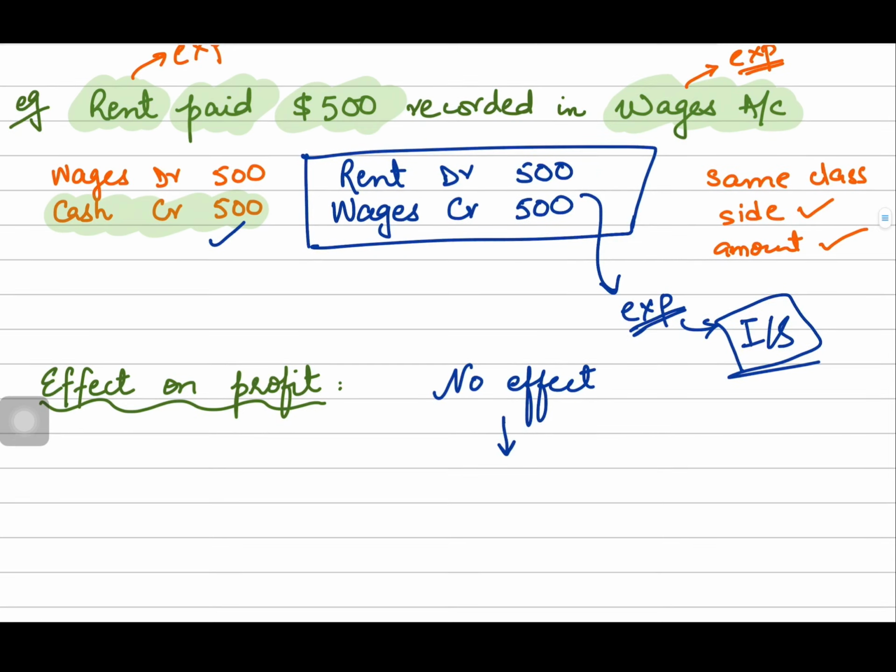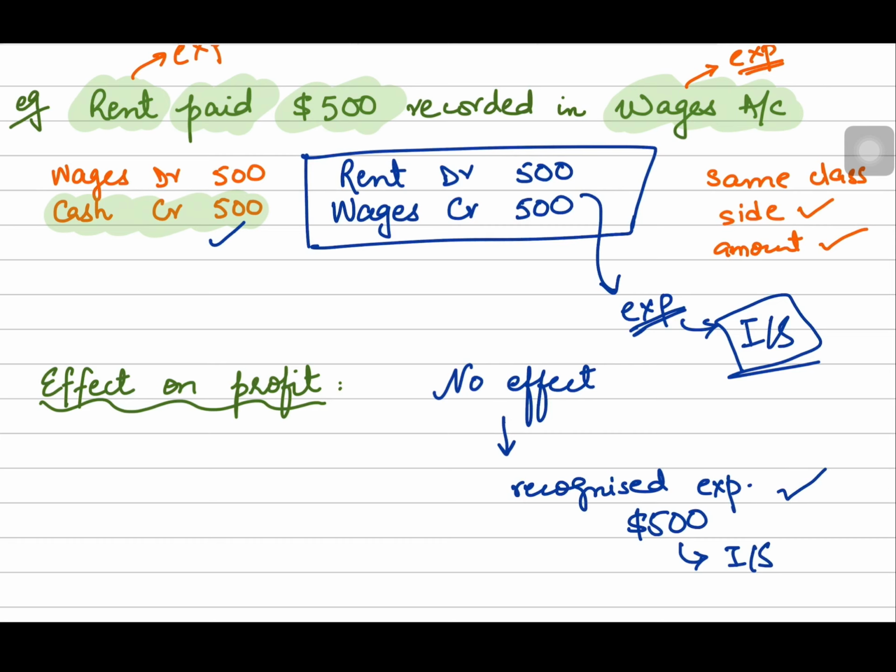This is because when you made the wrong entry, you recognized an expense, right? Although you recognized a wrong expense, but you recognized an expense, right? So instead of recording this as a rent expense, you recorded this as wages expense. So an expense amounting to $500 did become part of your income statement, and then you calculated your profit, right?